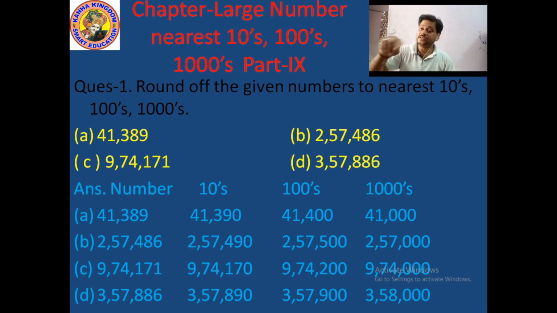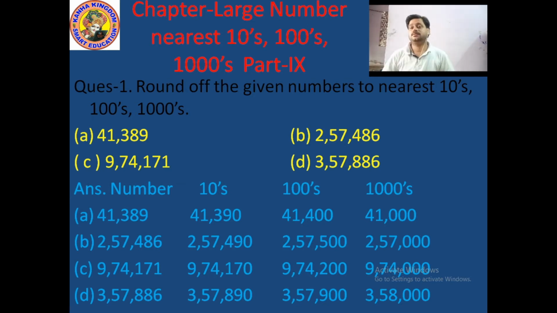But in the second rule, if the ones digit is 5 or more than 5, then also you convert the ones digit into 0, but you add one to the tens place, and the rest of the digits in the 100 place, 1000 place, 10,000 place, lakhs place are all the same, nothing you have to change.